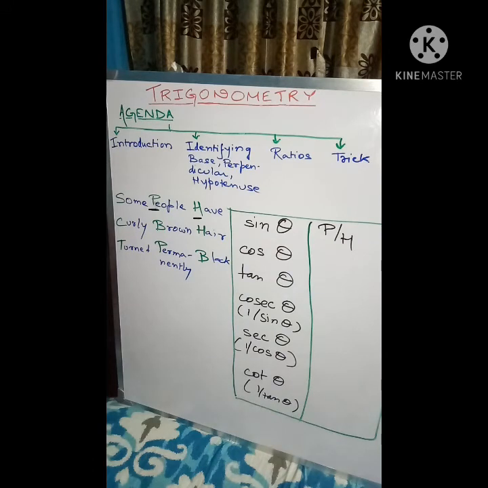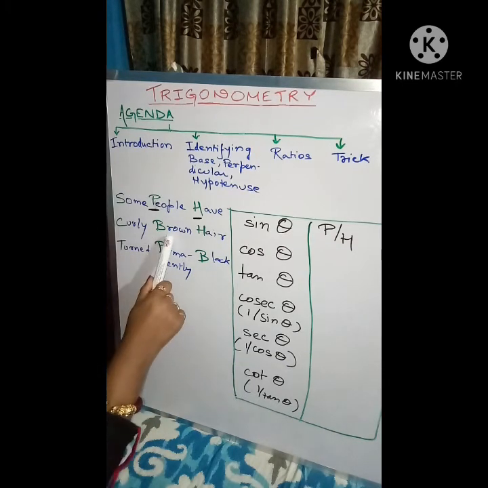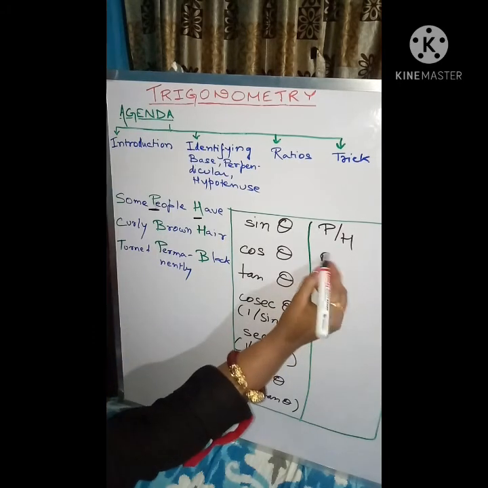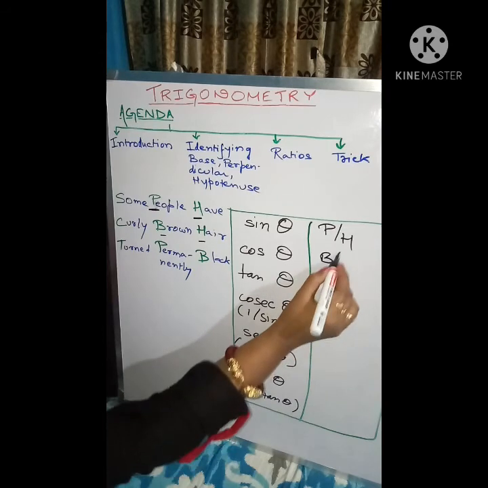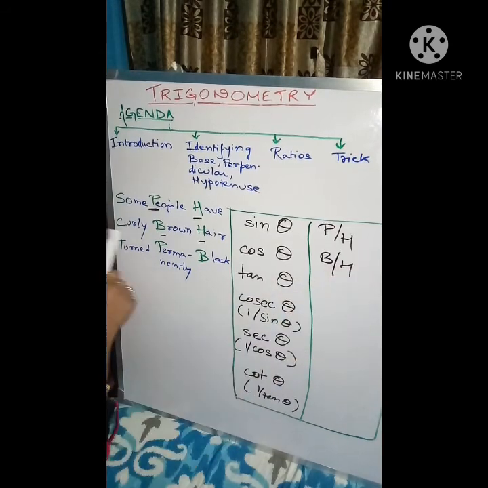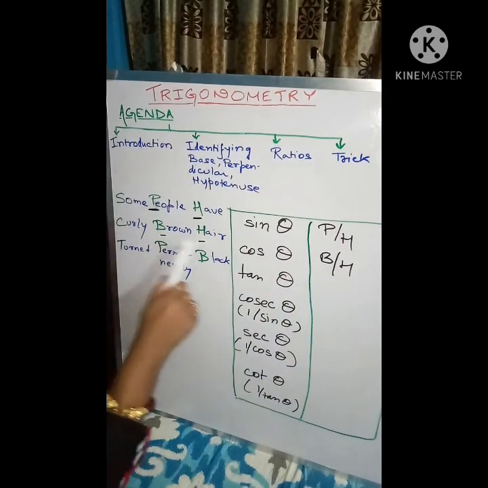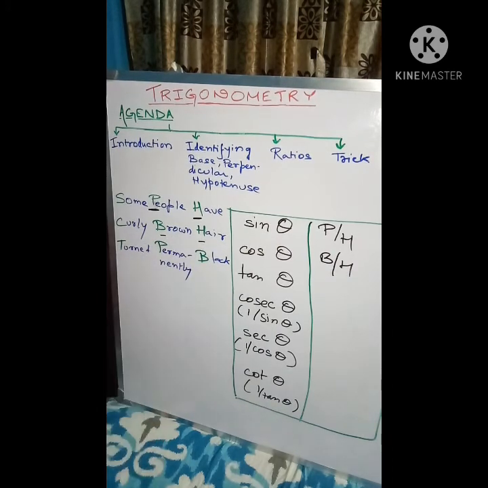Like this, from the next part you can find cos theta. See, C for cos, C for curly. B for brown and B for base. H for hair and H for hypotenuse. So cos theta is B by H, that is your base by hypotenuse.